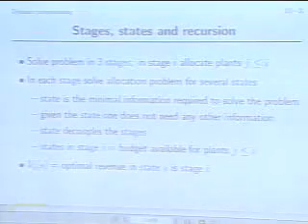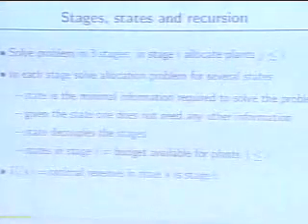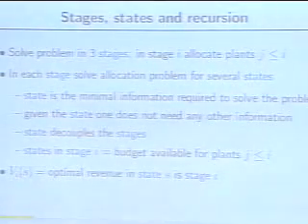I don't really care how the remaining $2 million were spent for the other company. In terms of trying to solve the optimum solution for this particular problem, all I care about is what is available to me now. What I do with this is not going to change anything for plant 3.